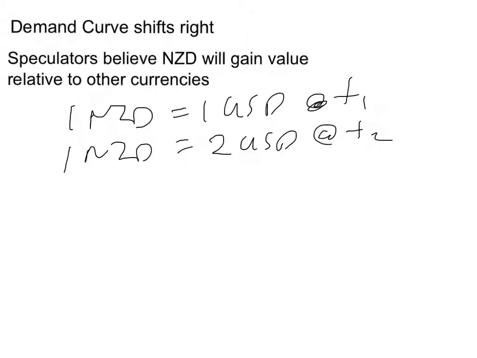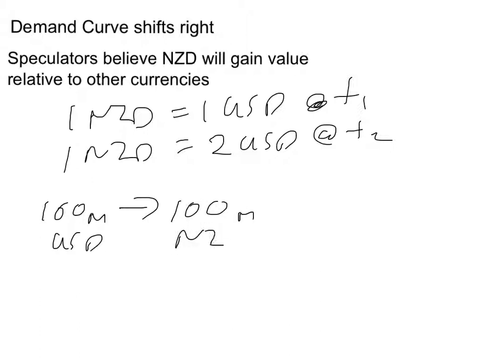So what does that mean? Well, look, if you had 100 million US dollars, and I wish I did have, what you'd do is convert them into New Zealand dollars, so that'd be 100 million New Zealand dollars at that first exchange rate. Then you'd wait, and the New Zealand dollar would gain value.